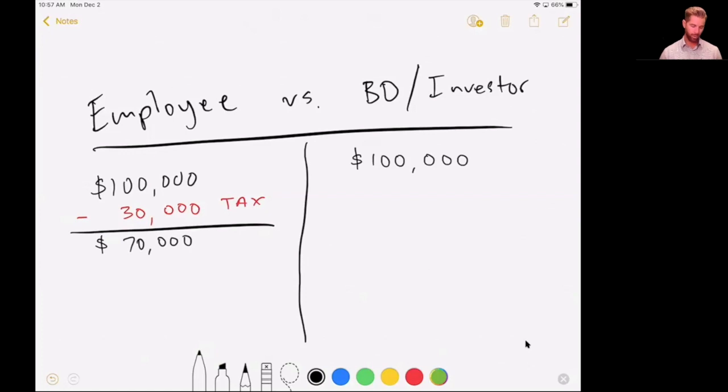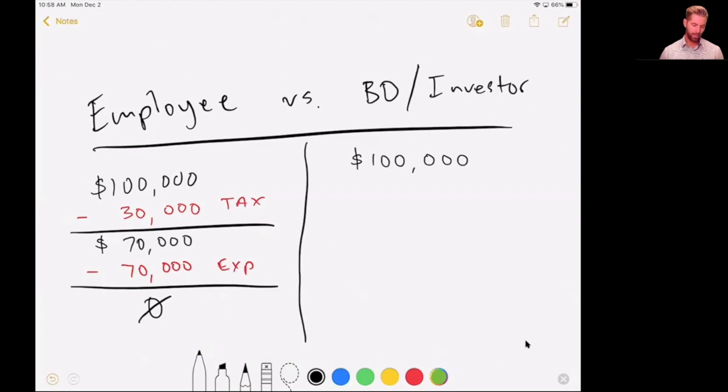Now they're going to start spending their money on expenses. And let's face it, the majority of our society is living paycheck to paycheck. So it'd be very easy to say their expenses are in the amount of $70,000. And that's what we're going to call it. So in this scenario, an individual started with $100,000 and ends up using all of it and has zero left over at the end of the day.